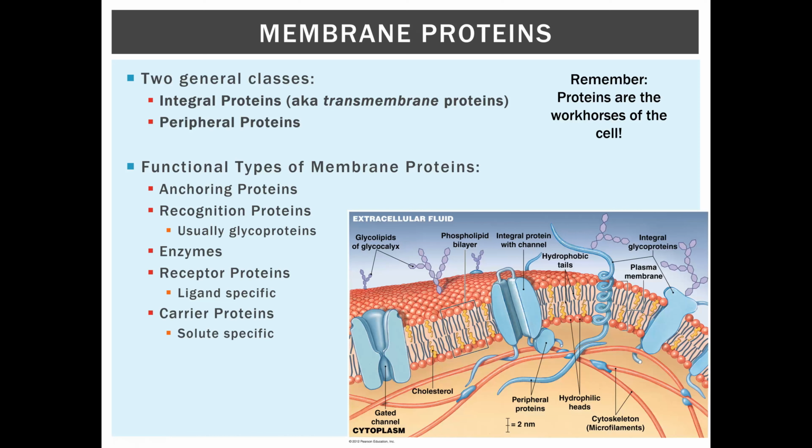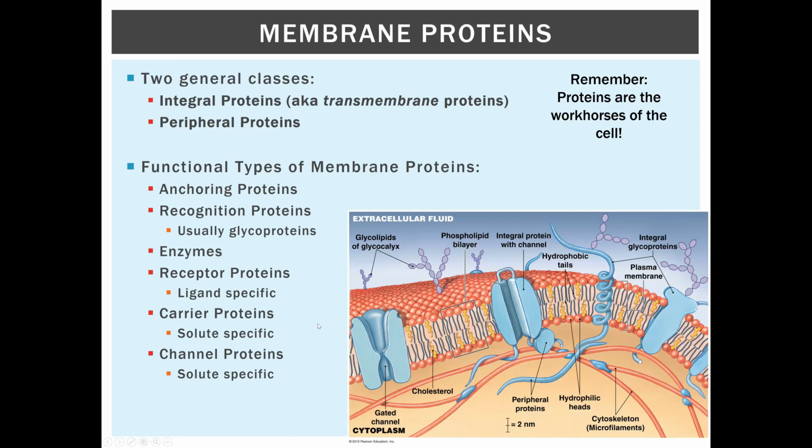Carrier proteins allow for molecules to be transported from one side of the plasma membrane to the other. And again, they are solute specific, so the type of molecule that they transport from one side to the other is very specific for that particular carrier. So for example, one carrier might be able to carry sodium but nothing else, and another carrier might only be able to carry calcium.